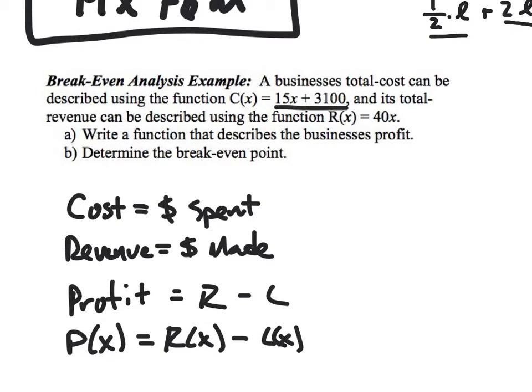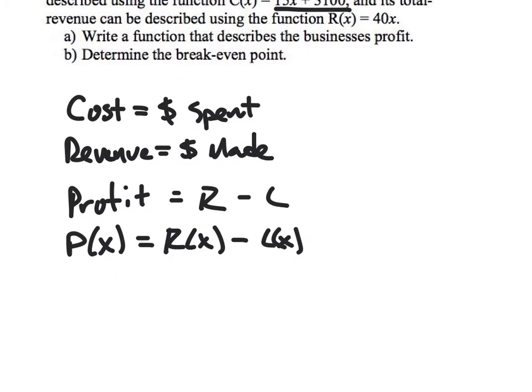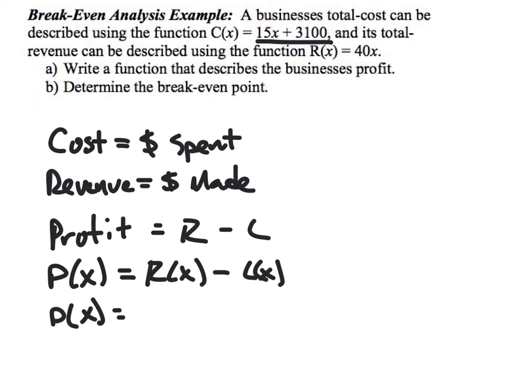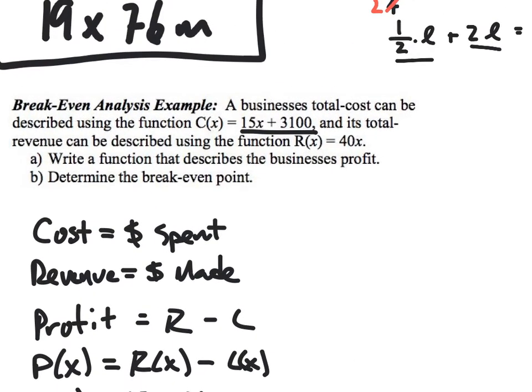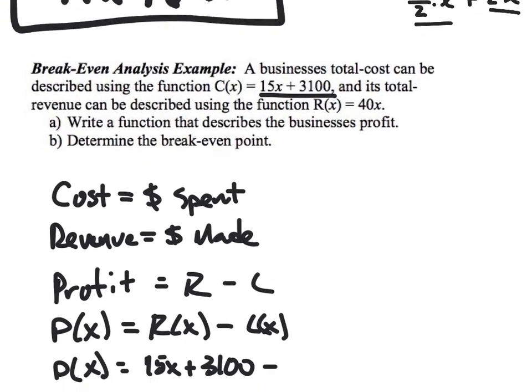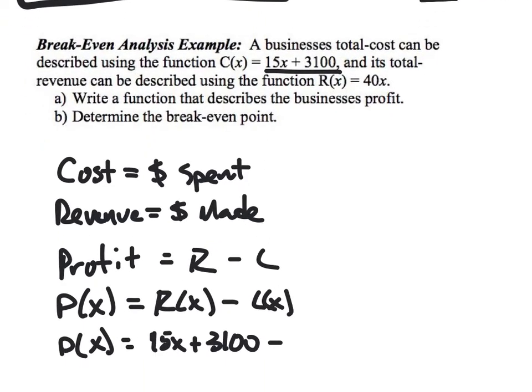Now, R of x is 15 plus 3100, so my profit, P of x, is going to be 15x plus 3100 minus, okay, 40, or wait, I've done this backwards. Let's redo this. My apologies. Okay, so let's redo that. My revenue is going to be 40x, and then minus the quantity 15x plus 3100.